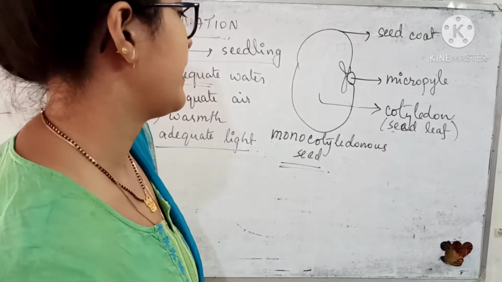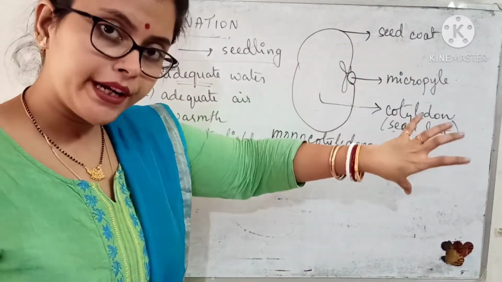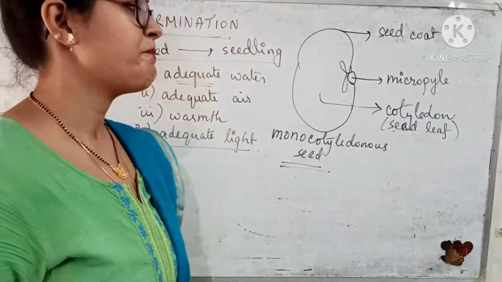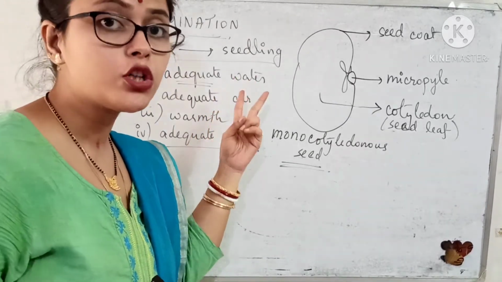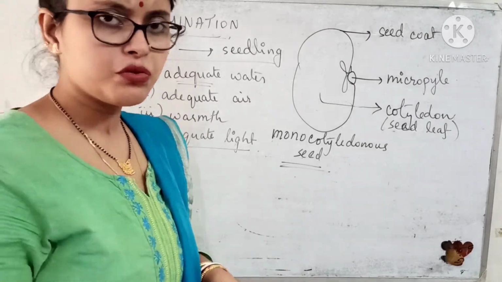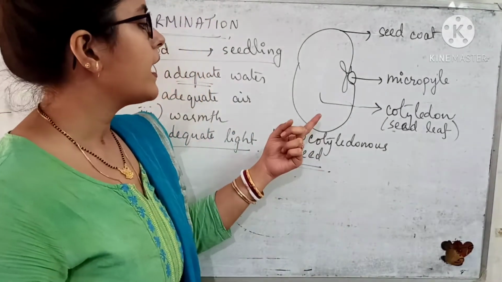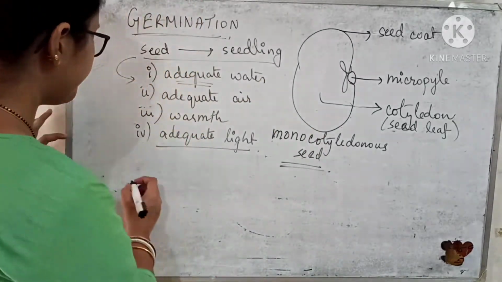Now, when the seed gets placed in the soil and it gets the adequate amount of water, air, warmth and the required amount of light, though a very little amount of light is necessary, what happens?